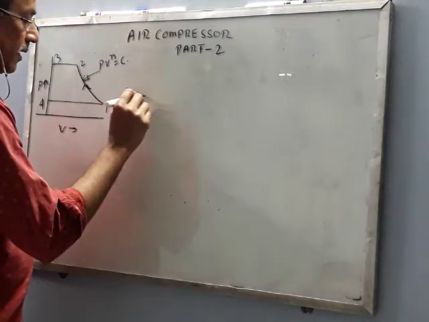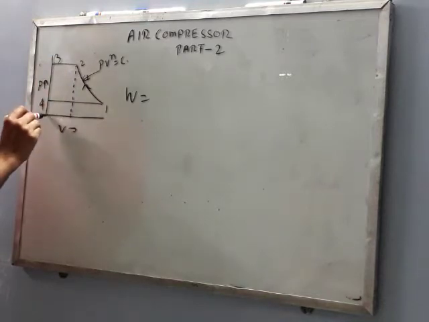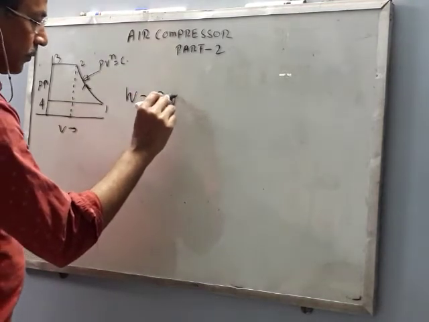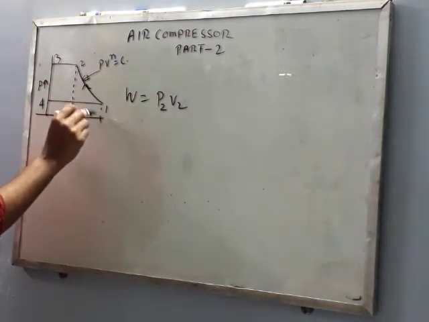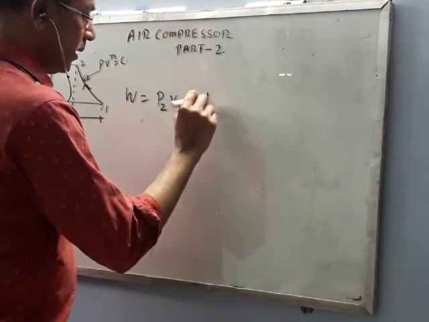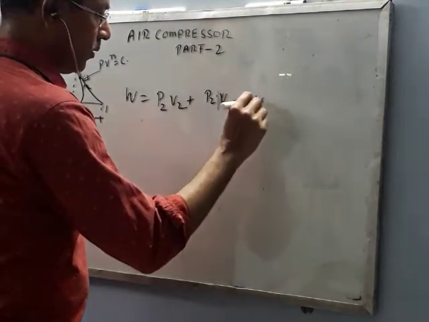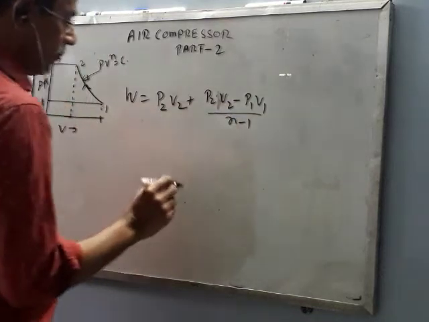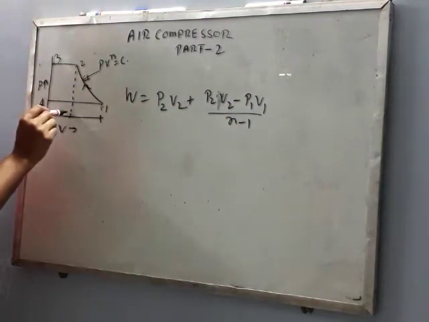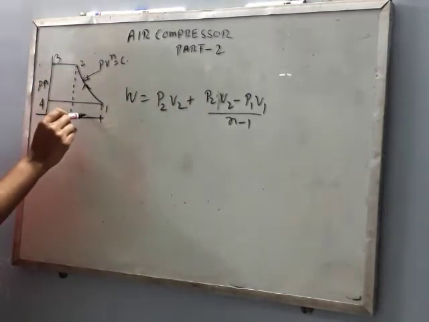So work done is equal to, if we divide in this way, this is P2 and this is V2. So P2 V2, and then the area under 1 and 2, so plus P2 V2 minus P1 V1 divided by n minus 1.